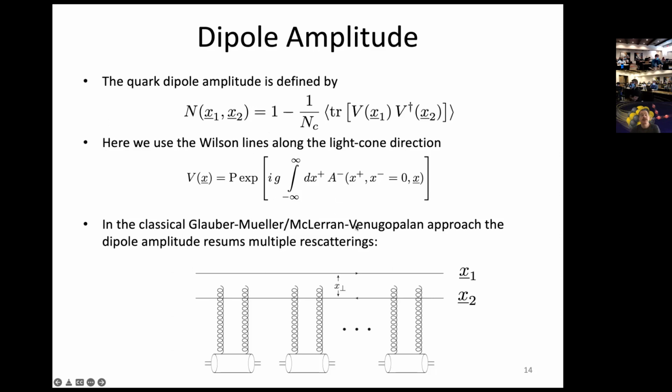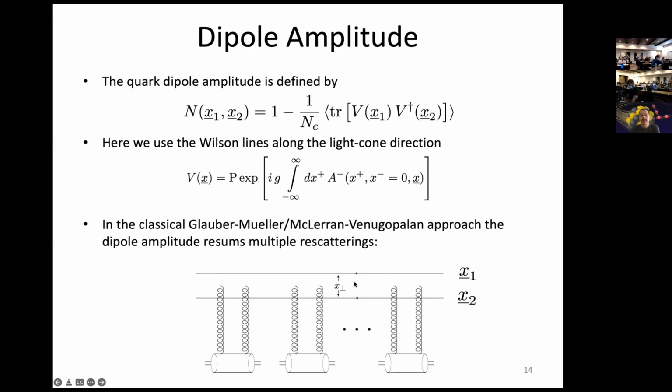Of course, this is true in certain gauges. It wouldn't be so simple in A plus equals 0 gauge, right? Because then A plus would be 0, and then you have to talk about gauge links at infinity, like a gauge link over here and a gauge link over there.